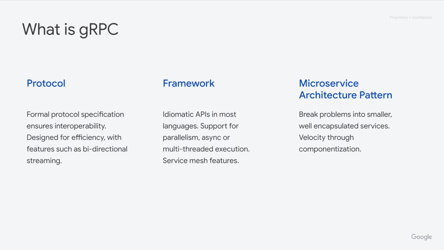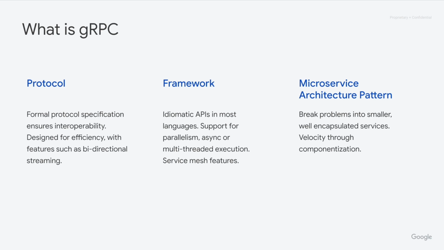They think of the middle definition. They think of gRPC as a framework that provides idiomatic APIs for communication between distributed systems. It provides those APIs in the languages that they choose, and it abstracts away a lot of the low-level networking details that these developers don't have to worry about, so they can focus on building the actual business logic that they are interested in building.